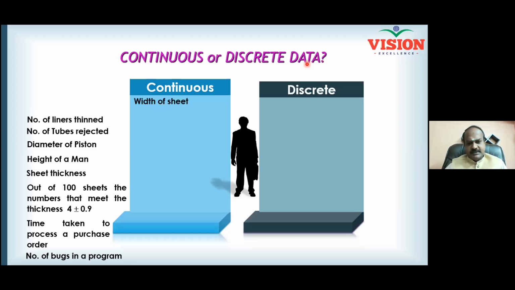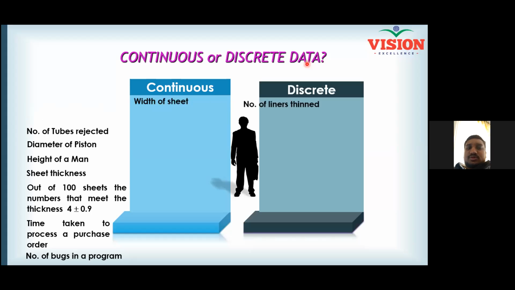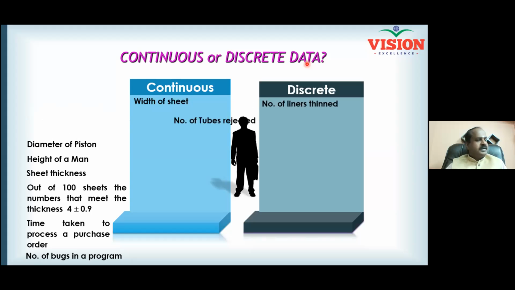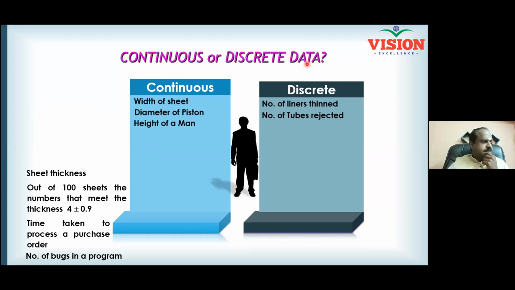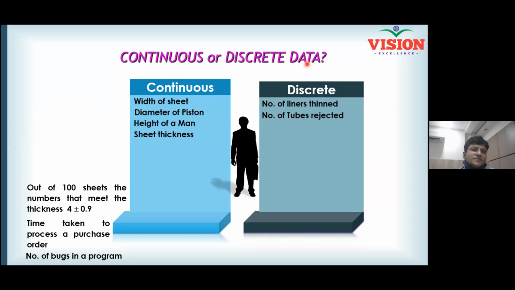Number of liners thinned. Discrete data. Number of tubes rejected. Discrete. Diameter of a piston. Continuous data. Height of a man. Continuous data. Sheet thickness. Continuous. Out of 100 sheets, the number that meet the thickness 4 plus or minus 0.9.